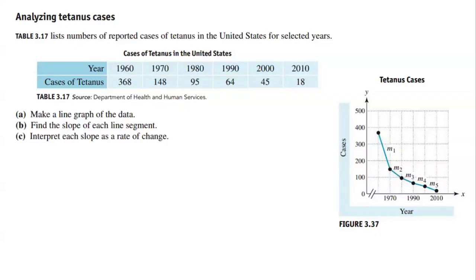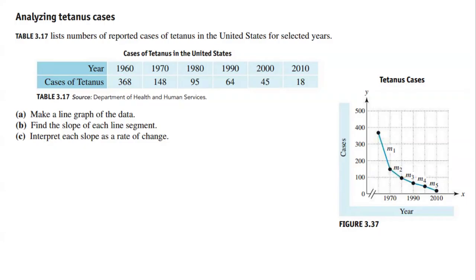Okay, so as I mentioned, this is a table for the tetanus cases, and then it wants us to make a line graph. So to save us on time, I already have that here. There is our line graph based off of this information. Basically, it's like a scatter plot.